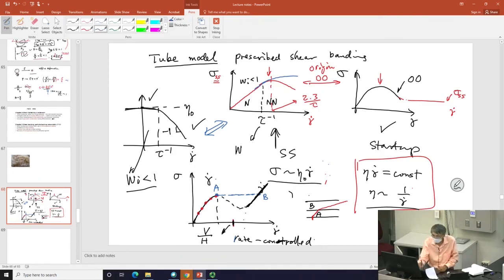Get it? So it's not uniformly sheared here, because you didn't apply a rate here. Okay? If you apply a rate here, everyone will be happy. But you apply the rate here, so the only way to satisfy this is for another layer to be sheared at a very different rate.